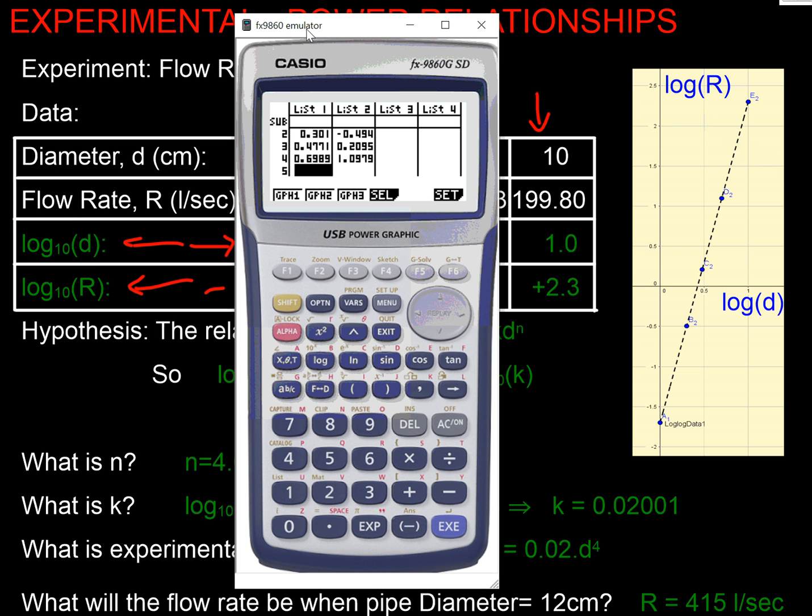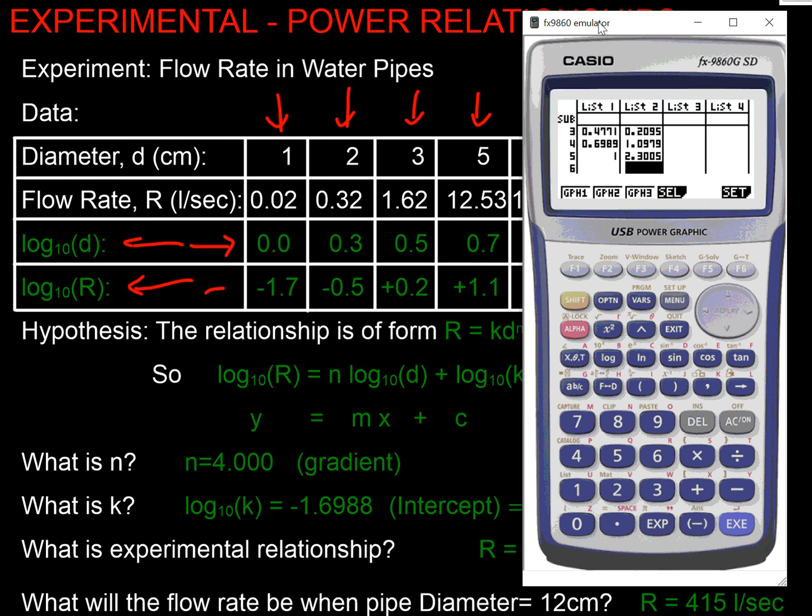My last one is going to be the log of 10. There we go. And my last y value is going to be the log of my flow rate, so that's the log of 199.8. There we go. So I've put in my data, and there's a two variable.